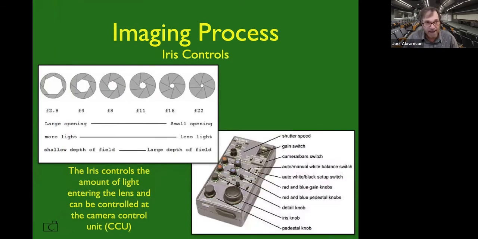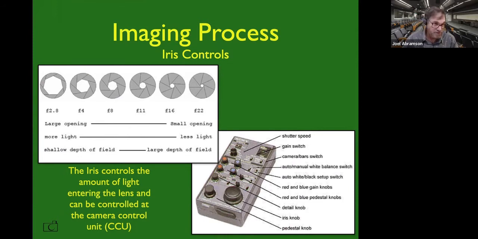And then light, of course, is coming into the camera through the lens, and we adjust the amount of light that comes into the camera with an iris, right? Much like you have in your eye, you have this little device in the camera that lets the amount of light in, right? And the iris controls the amount of light that enters through the lens, and that can be controlled at a place called the CCU, the camera control unit.